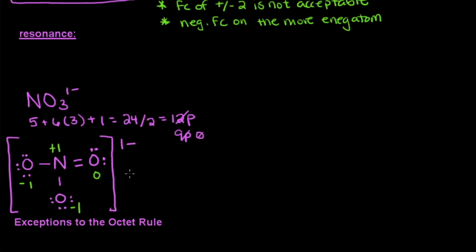Like perhaps if you drew the double bond on the bottom oxygen, let's draw that. Everybody draw it with me. If this was where your double bond was, and then you had single bonds on the other side, that structure has the same formal charge arrangement, just in different places. But it has the same magnitude of formal charge.